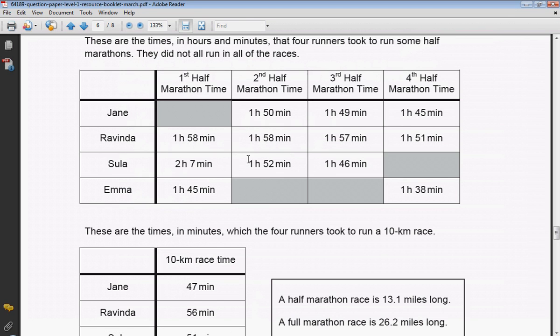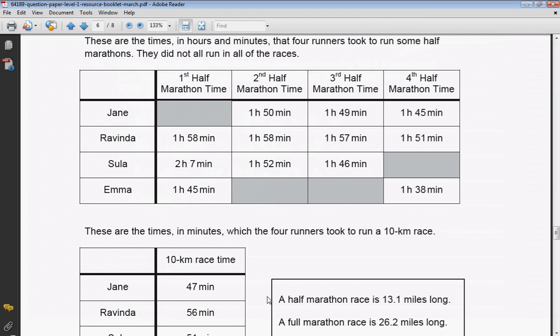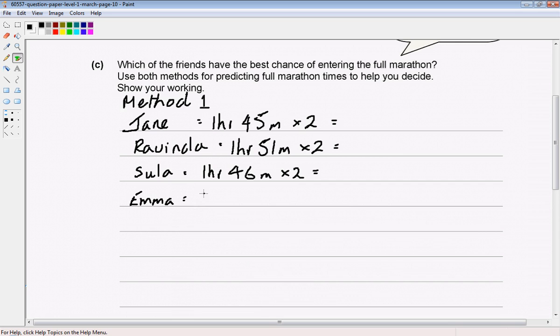Sula, her fastest time 1 hour 46, and we'll multiply that by 2. And Emma, 1 hour 38, and we're going to multiply this by 2.